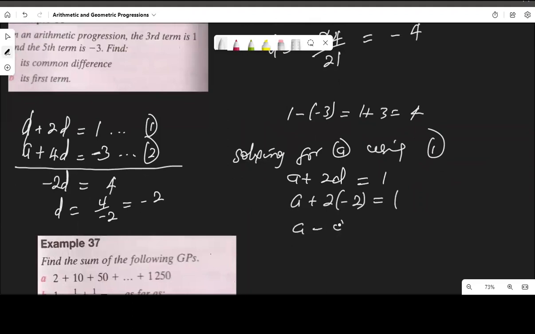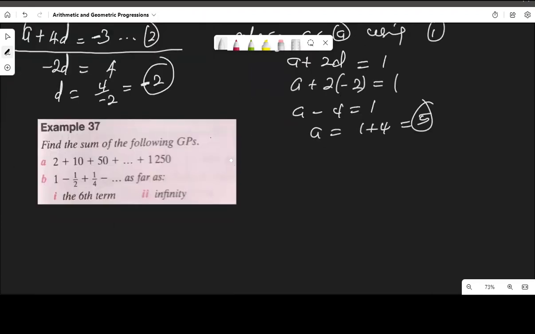A minus 4 equal to 1. A equal to 1 plus 4, which is 5. So A is 5. That is what they ask us to find, the common difference and the first term. The common difference is -2 and the first term is 5.